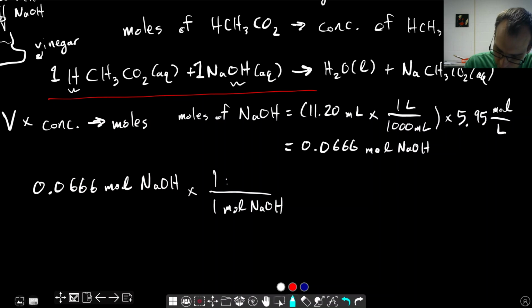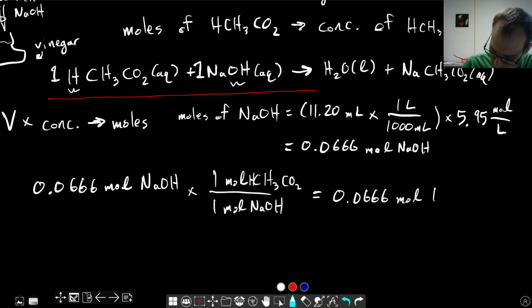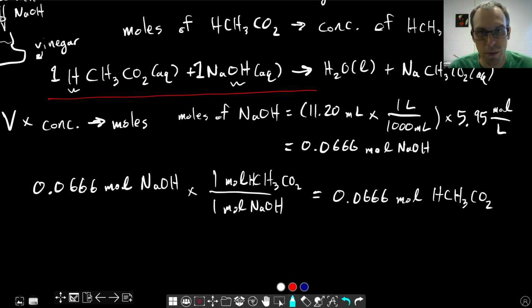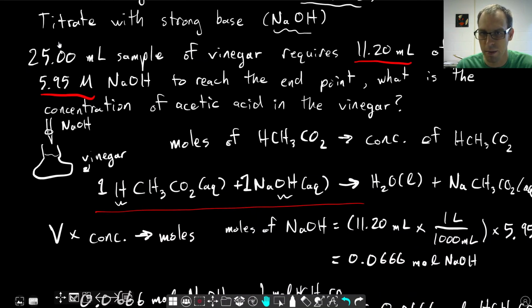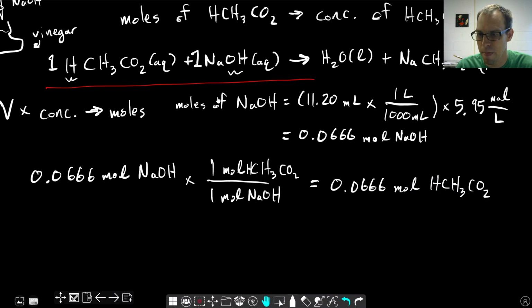For every 1 mole of sodium hydroxide, it reacted with 1 mole of acetic acid. So that means we'll have 0.0666 moles of acetic acid. And we're almost done. Now that we know moles, we know the original volume. Let's go up and look at that again. Yep, it says right up here, 25 milliliter sample.